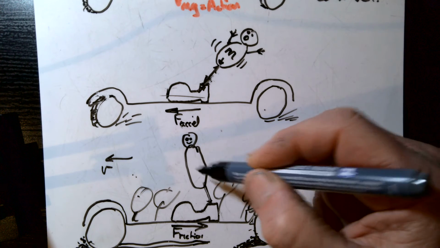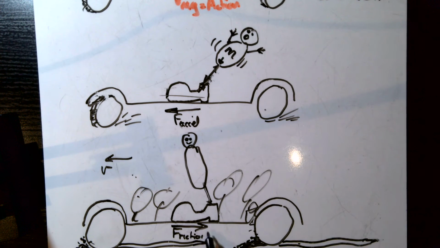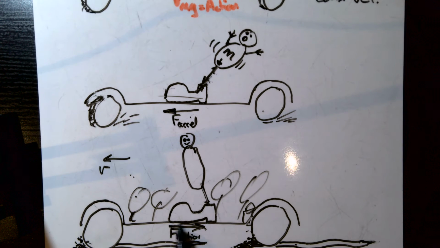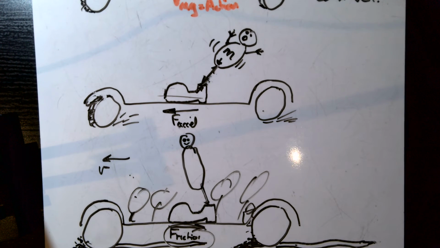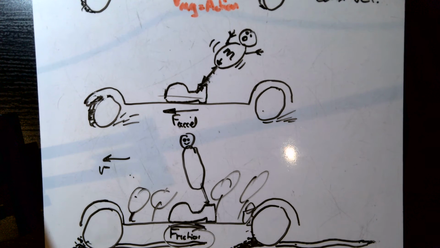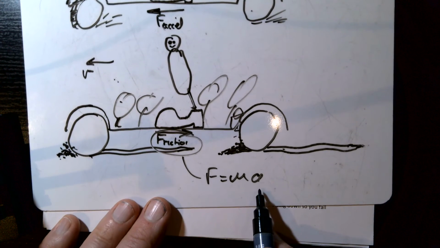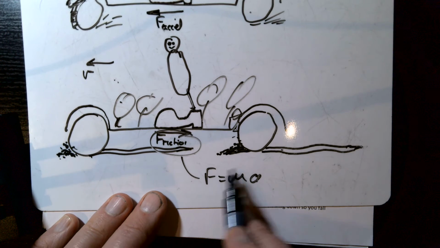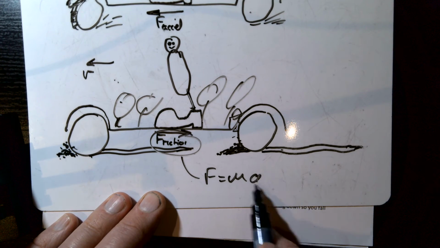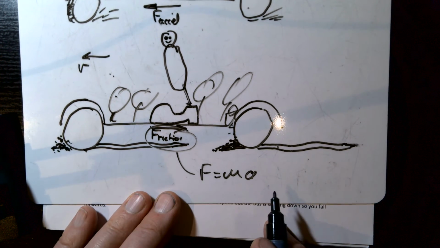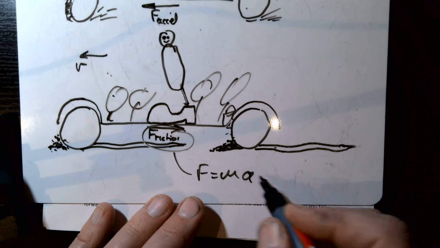He's much happier. Okay, we're still getting this effect, but this will be smaller because the acceleration is smaller. Because there's more mass, our acceleration changes to meet that mass.